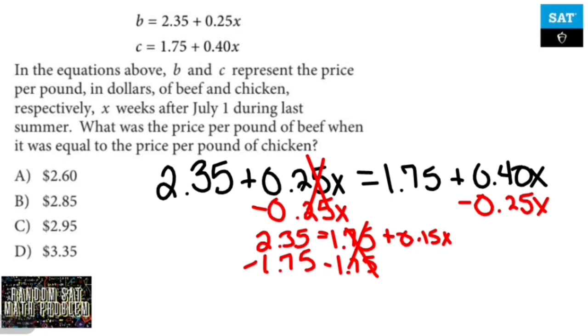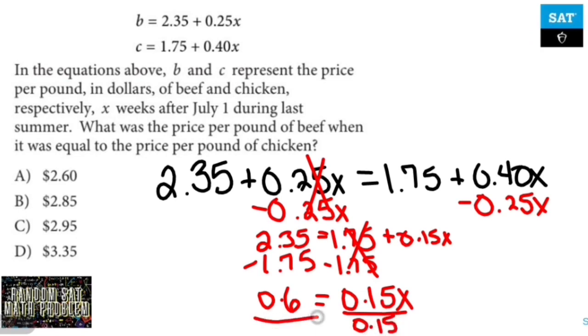It's me sneezing, and we get 0.6. So 0.6 is equal to 0.15x. Divide both sides by 0.15, and you get 4.